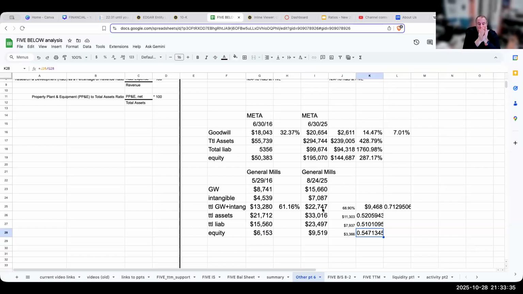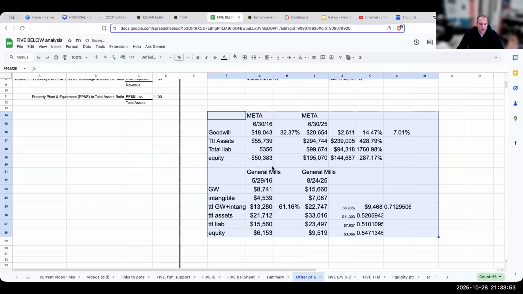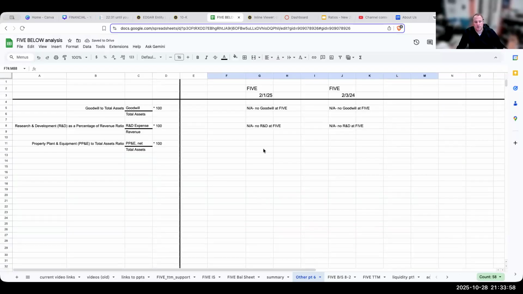So the goodwill to assets ratio is actually incredibly important, and that's why I took the time to show you on video why this is so important to understand. Even though it's not applicable for our company, Five Below, it can be very applicable for other businesses. So let's go ahead and wrap this up.